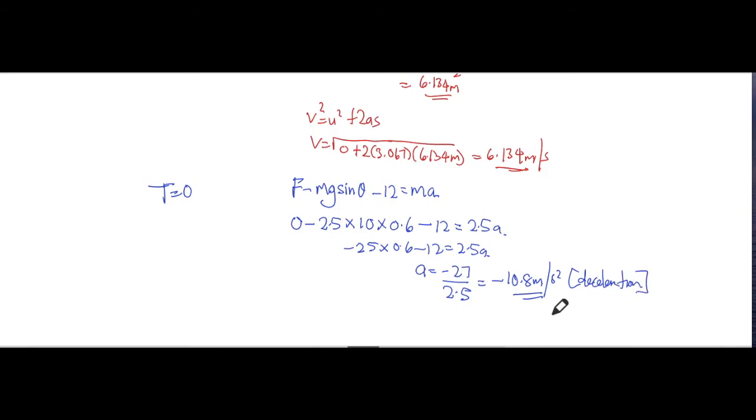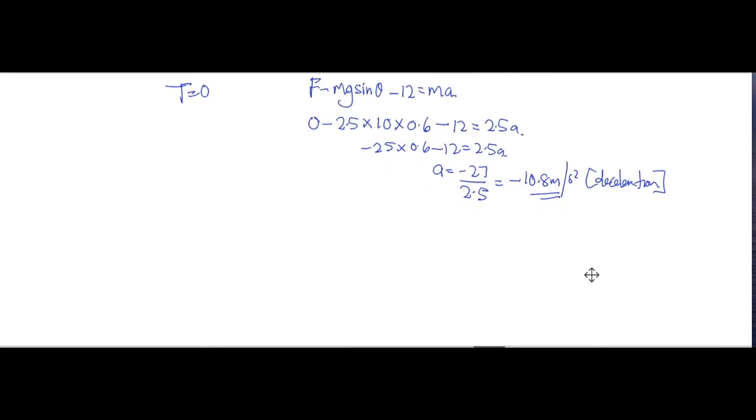To find the distance it travels after the string breaks, we use v squared equals u squared plus 2as. When it moves, it's going to slow down. The velocity will decrease because of the deceleration, and it will stop. So when it stops, v equals 0. u is the initial velocity that it was already traveling at after 2 seconds, which was 6.134. We already got that.